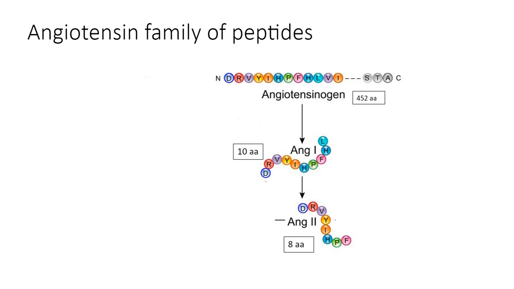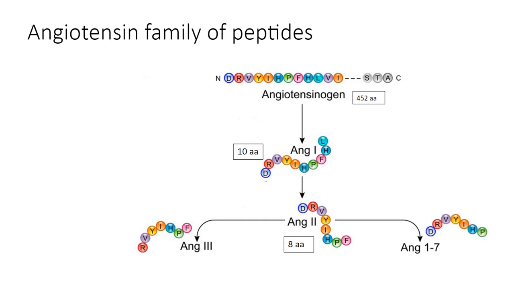What I think most of us don't teach in a normal physiology course is what happens to angiotensin 2. What are the metabolic products of all this pathway? One of them is angiotensin 3, where a single amino acid has been removed from the N-terminal end of the angiotensin 2. And then the other one, also a 7 amino acid peptide, is angiotensin 1 to 7.